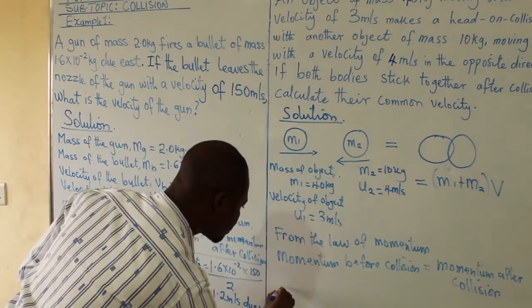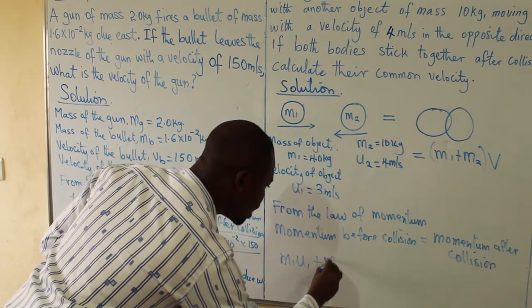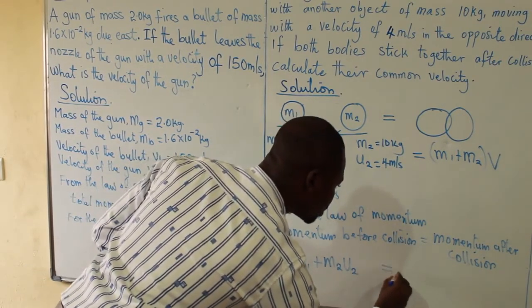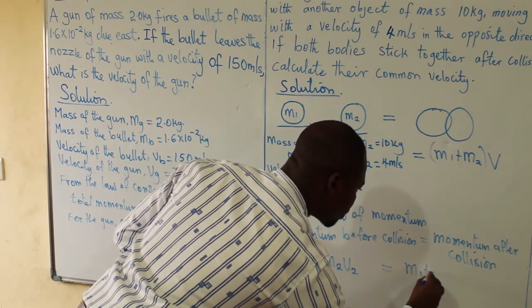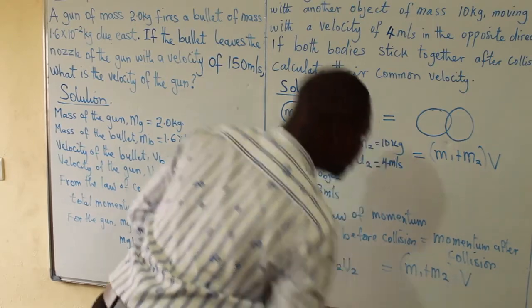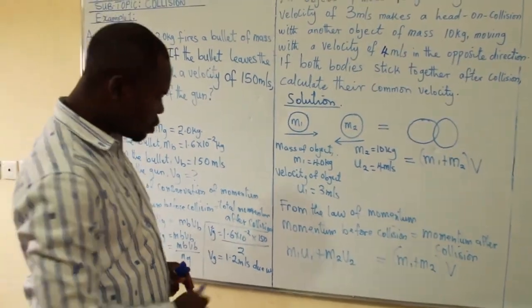So we have m1 u1 plus m2 u2, which will give m1 plus m2 all into bracket v, where v is the common velocity.